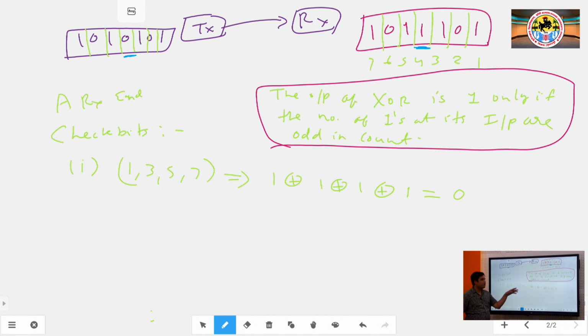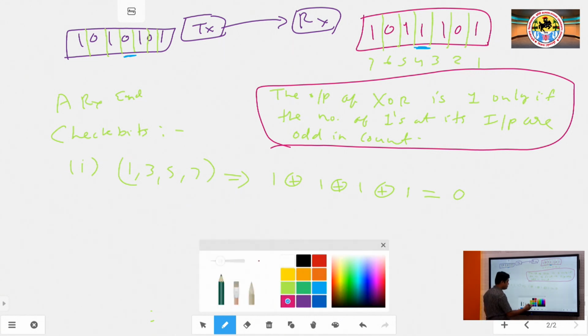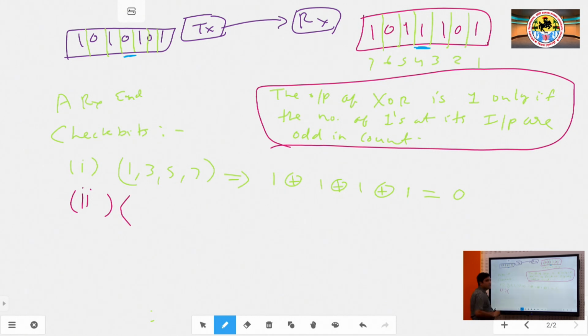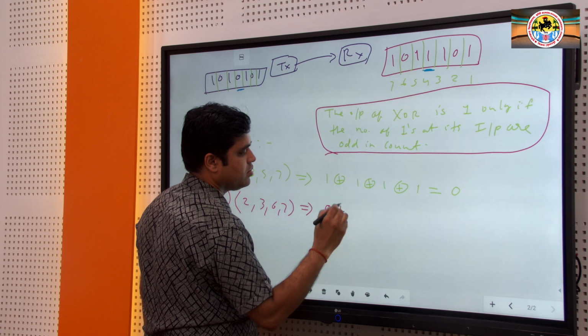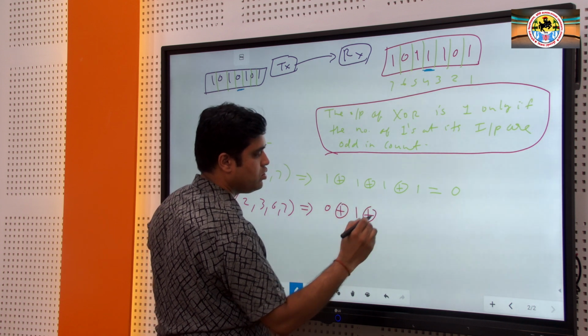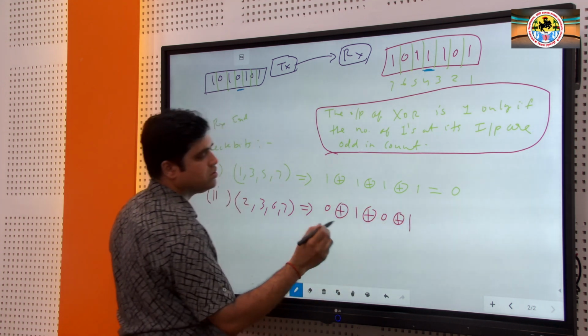Remember these lines and answer as I write. Second, our second group was 2, 3, 6, 7. If we XOR these bits, we get 0, 1, 0, 1. 0 XOR 1 XOR 0 XOR 1.